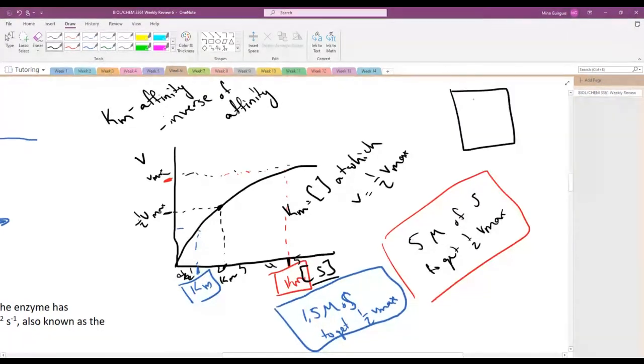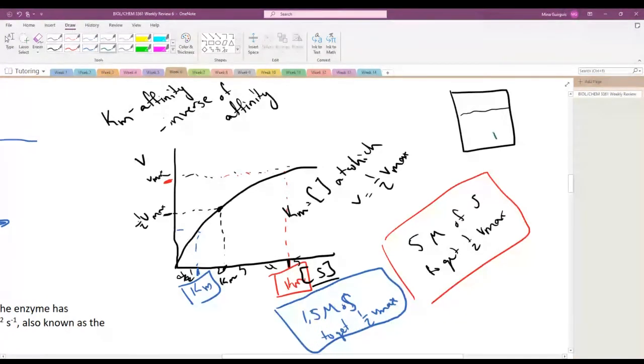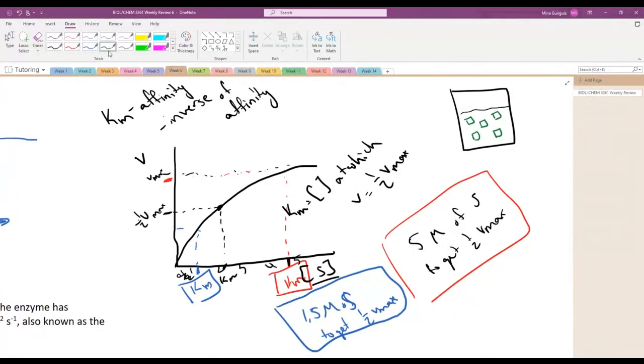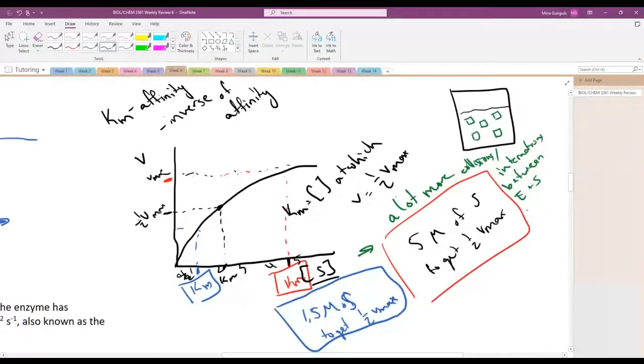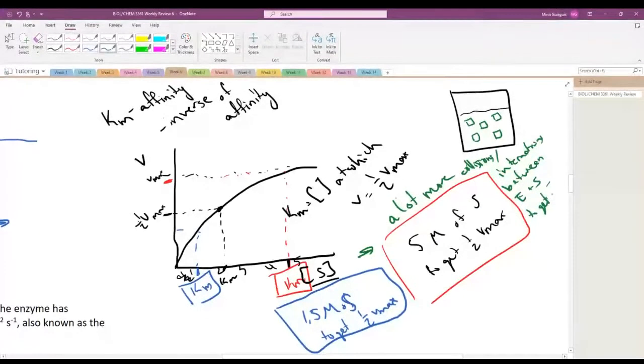If I just have a beaker or a cup, and I've got enzymes here in green, if they collide with our substrates at a rate proportional to their concentration, then what this is saying is that this red one needs a lot more collisions, or interactions, which is a better way to say this, between E and S to get ES, right?